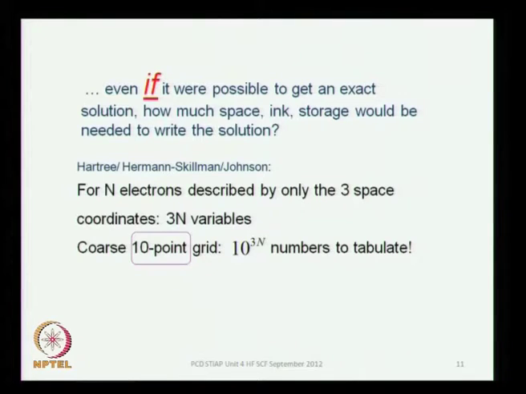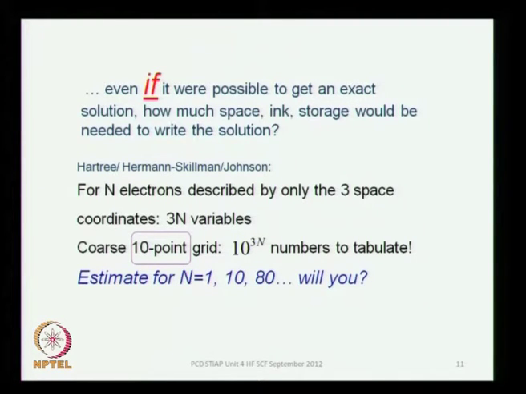And what is 10 to the 3n for n equal to 1? For n equal to 10? Mercury atom, 80 electrons. Can you punch this in and find out from your calculators what this number is? 10 to the 3n for n equal to 80.